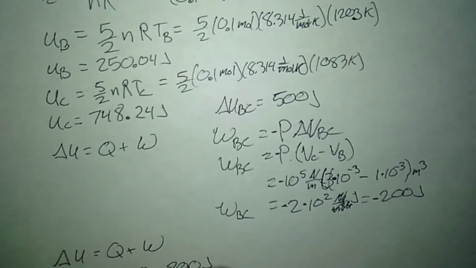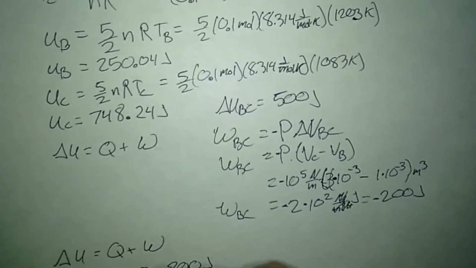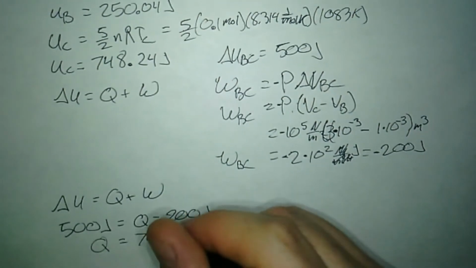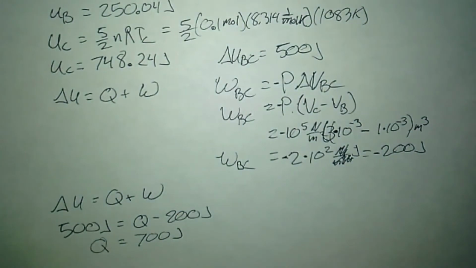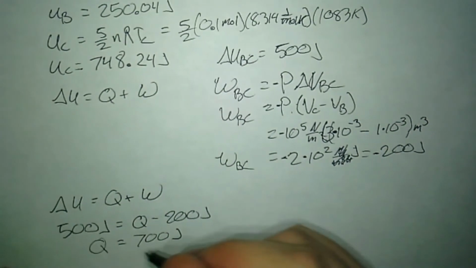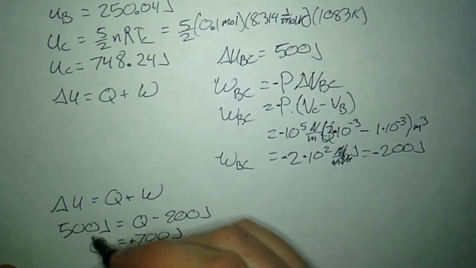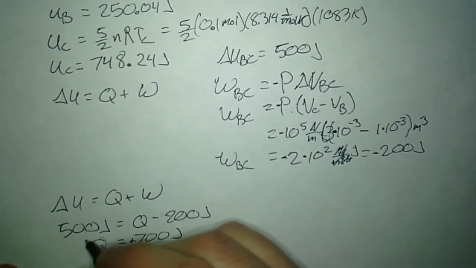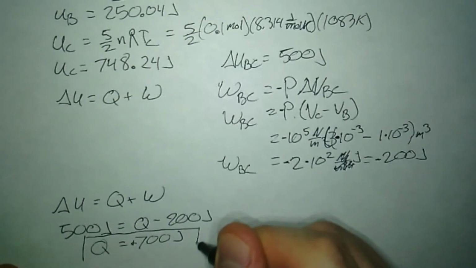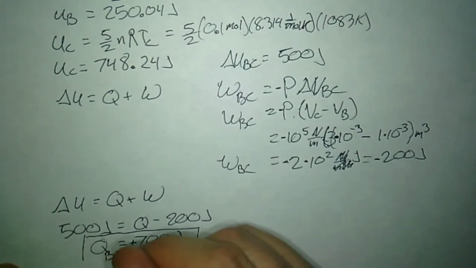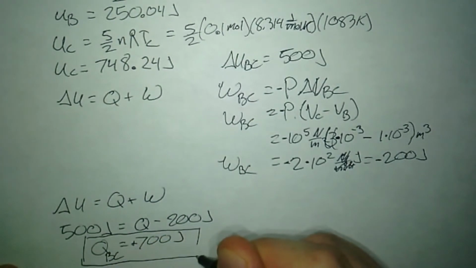That means Q, the exchange of heat, is 700 joules. And that is going to be heat flowing into the gas. And that's, let's say, BC, just to know where that's happening.